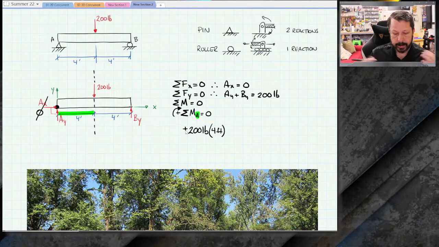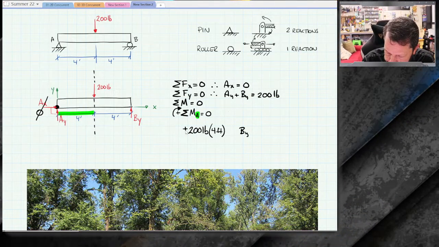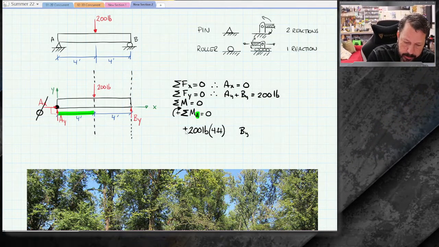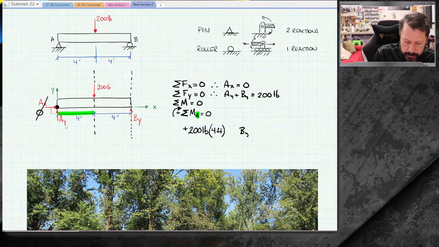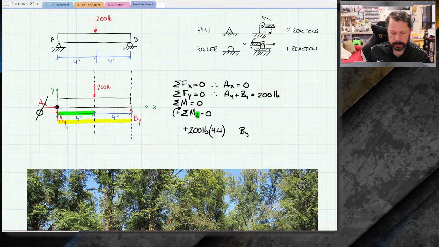Okay, now I need to do BY. I'm saving AY for later. So BY has a vertical line of action. So it needs a horizontal distance between point A and that line of action. That looks like it's going to be 8 feet.